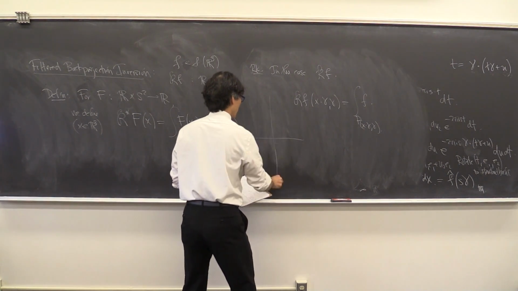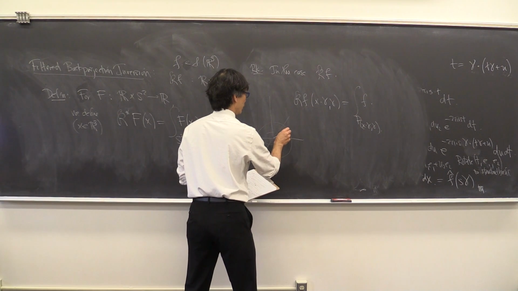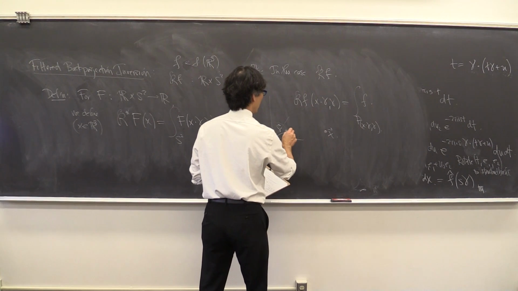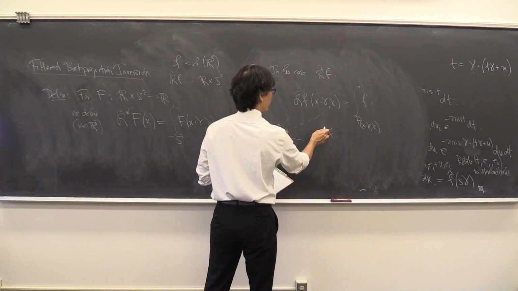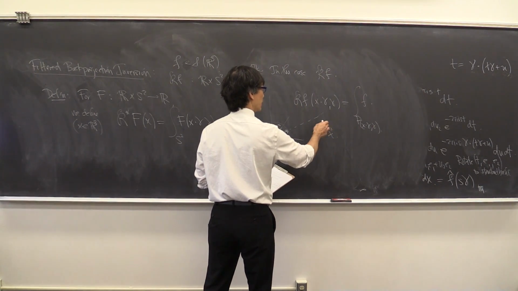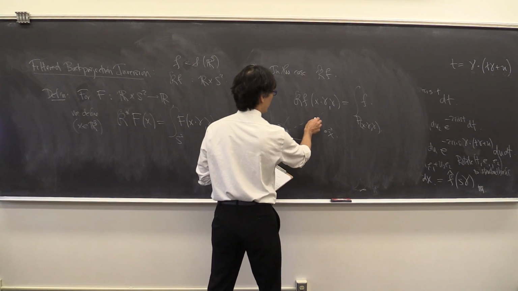In other words, you've got your gamma, you've got some point x, and then you're integrating over the plane (x dot gamma, gamma). So what's that?